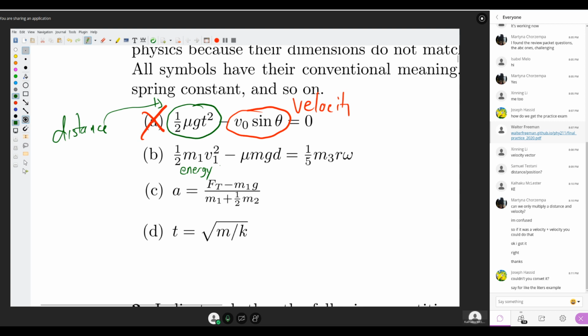Like you could convert inches into miles or feet or meters or centimeters, but you couldn't convert a number of inches into a number of kilograms. So unit conversions will not let you match things that are of different dimension.